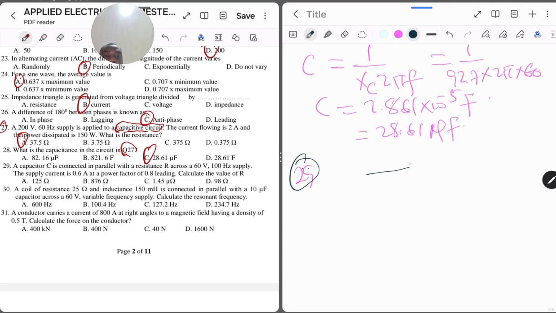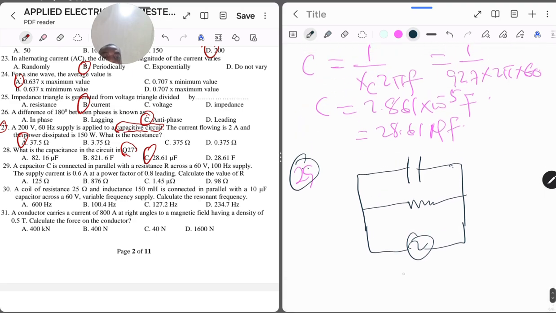So let's say I have a capacitor here, and then I have it in parallel with what? A resistor, this way. And then across a 60 volt alternating voltage supply. The voltage supply V here is 60 volts.